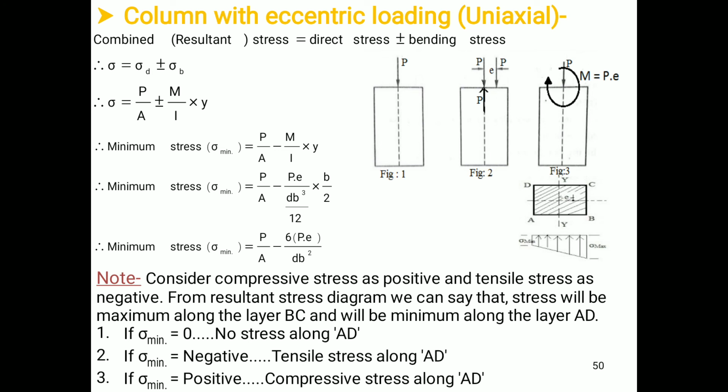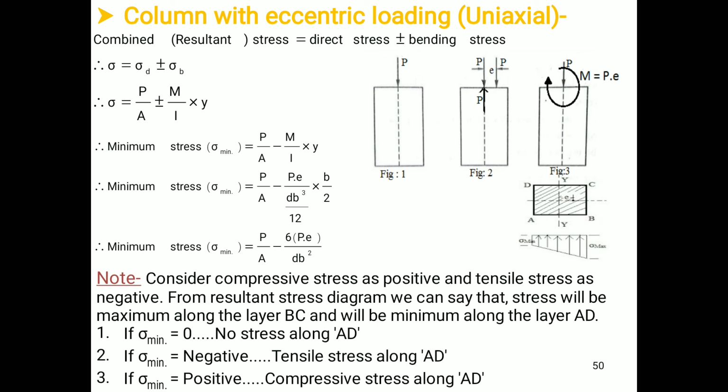If sigma minimum is equal to 0, then it means that no stress is developed along AD, because sigma maximum will be along BC and sigma minimum will be along AD.